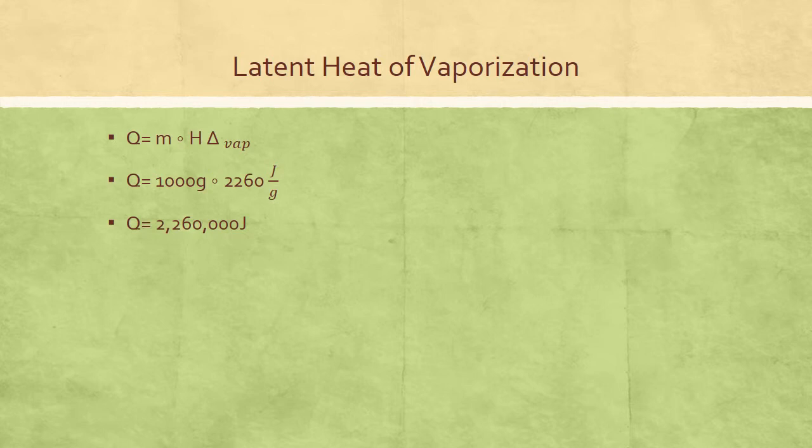M again stands for mass, and H of delta vapor is the latent heat of vaporization, which is how much energy is required to take anything from the liquid state to the gas state, or anything from the gas state to the liquid state. And for water, it is 2,260. So we multiply that together, grams cancel out, and it's 2,260,000.